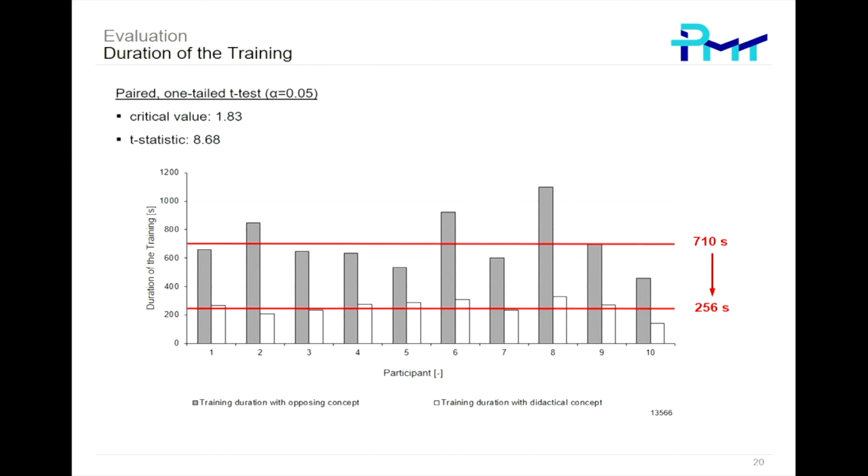I did a paired one-tailed t-test with an alpha of 0.05, resulting in a critical value of 1.83 and a t-statistic of 8.68, which leads to, or which now I may conclude that with a 95% probability, we do have a significant effect when using my concept contrary to the opposing concept.